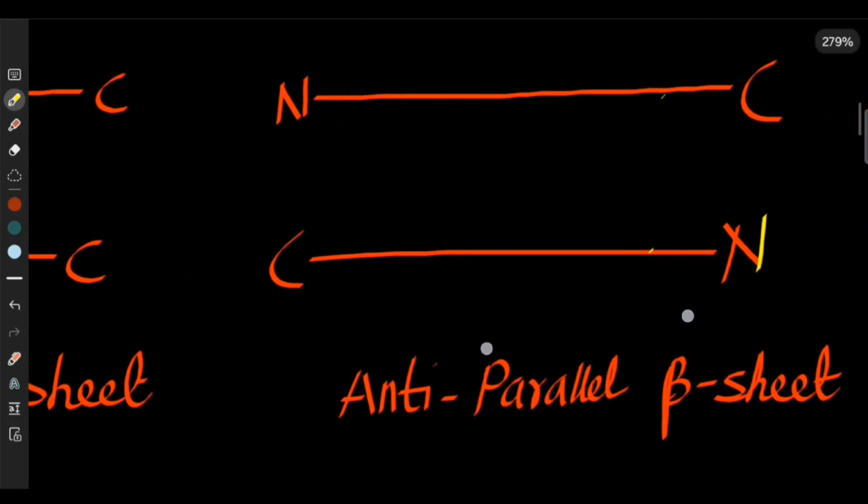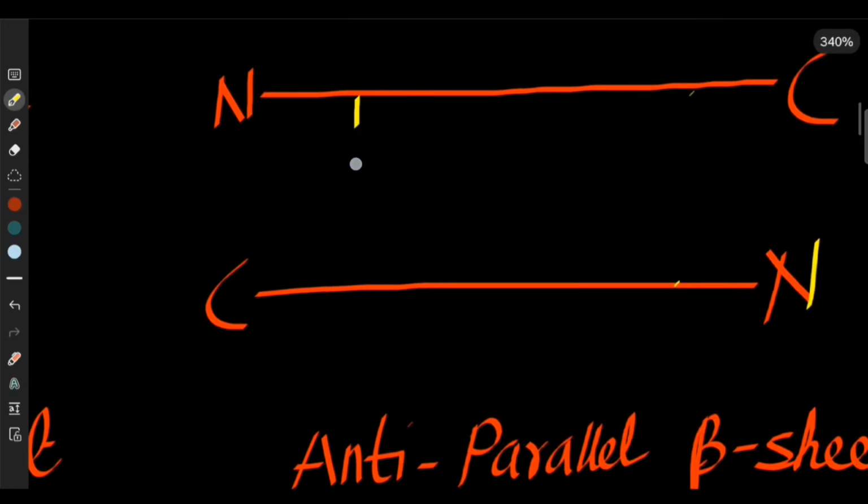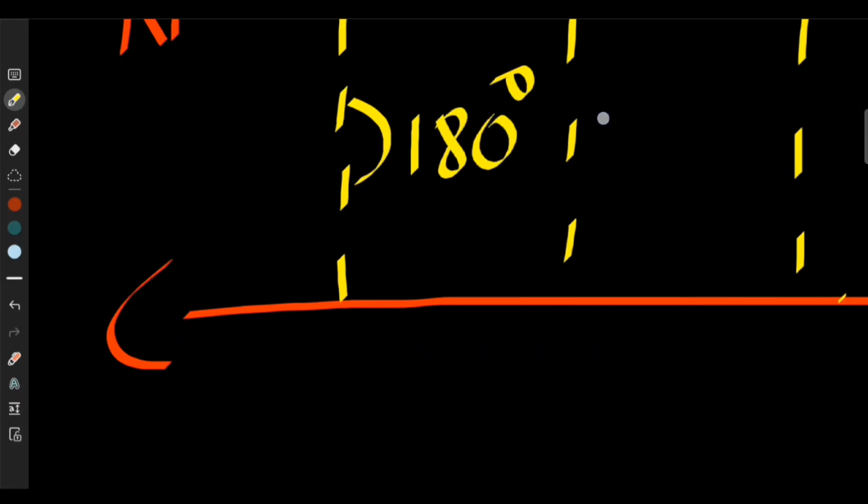Now over here, this is the anti-parallel beta sheet. I'm going to draw a hydrogen bond over here as well. As you can see, the hydrogen bond it is forming is actually a 180 degree hydrogen bond, right?